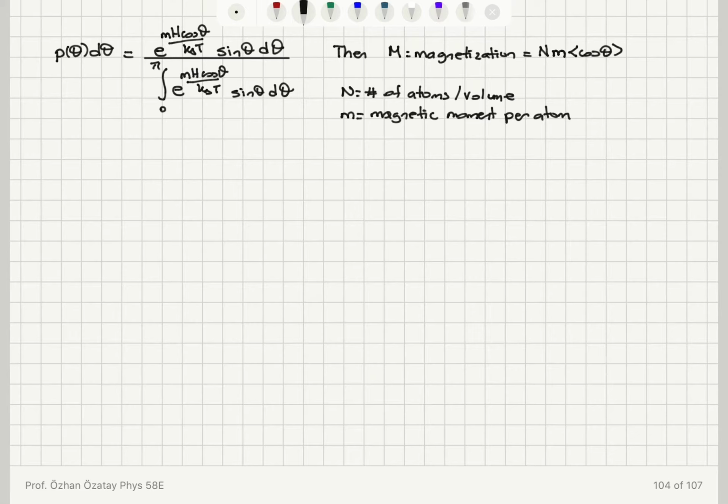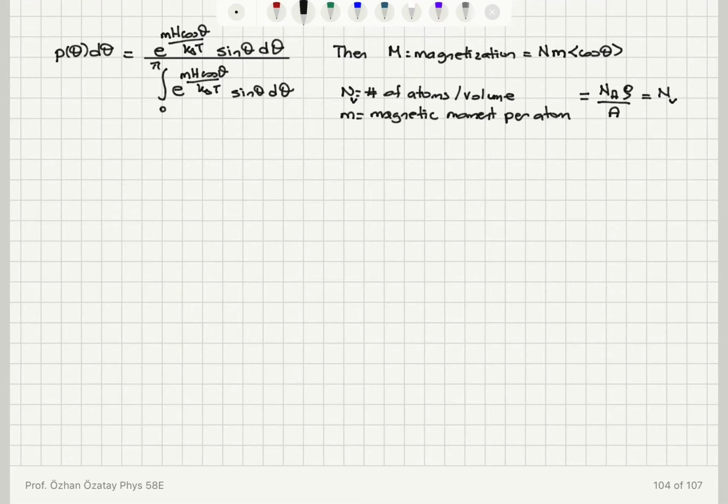And in using Langevin theory, basically we talked about this. Avogadro's number times the density of the material divided by the atomic weight gives us the number of atoms per volume. So this is capital N. So let's put a V here just to make sure that it's number per volume.